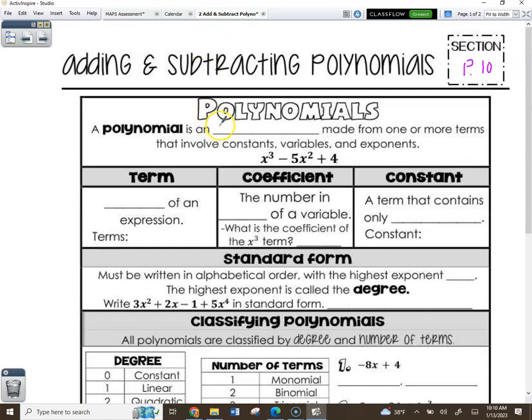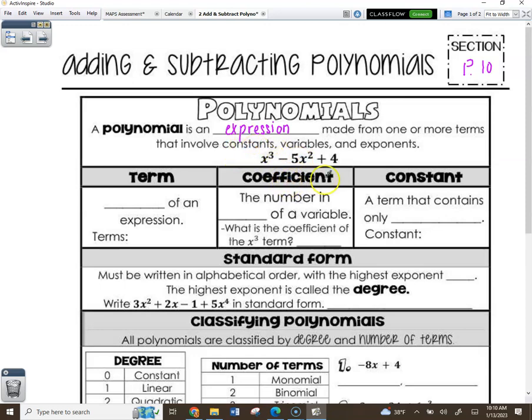All right. Let's look at this. This worksheet is to cover adding and subtracting polynomials. Before we can do that, you need to remember what a polynomial is. A polynomial is an expression made from one or more terms that involve, and these are also vocab words, constants, variables, and exponents.